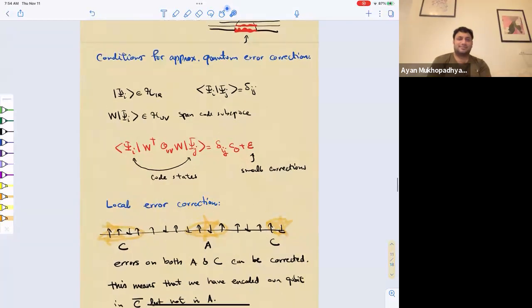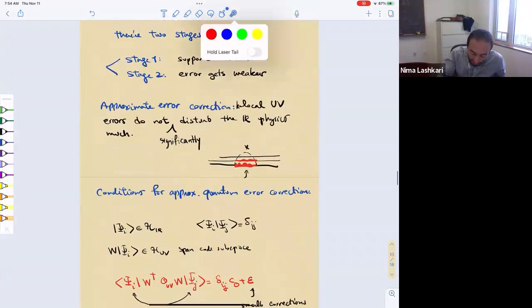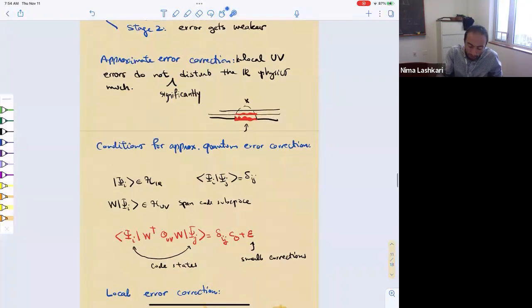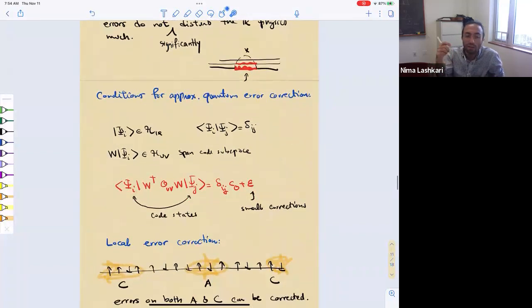All right. So now let's talk about, I just said, do not significantly disturb. So let's try to quantify this a little bit. To quantify this, we have to do approximate quantum error correction. And approximate error correction is a well-studied topic in quantum information. There are conditions for it.